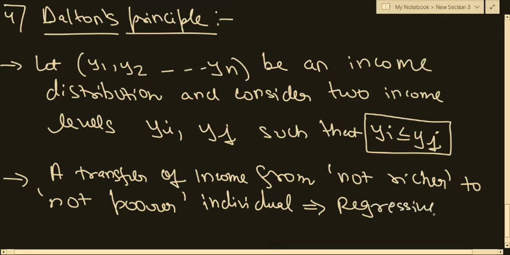Okay, now read this very carefully. A transfer of income from not richer, which means a poorer individual, to not poorer, which means a richer individual. So we're transferring basically some income from the poor section of the population to the rich section. This is known as a regressive transfer.